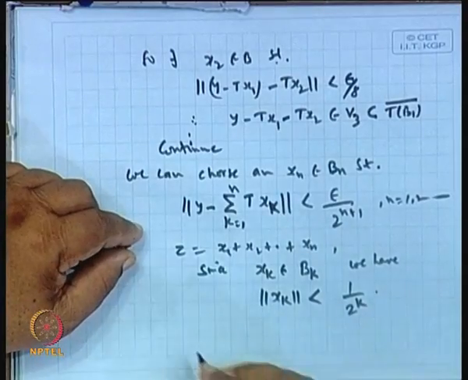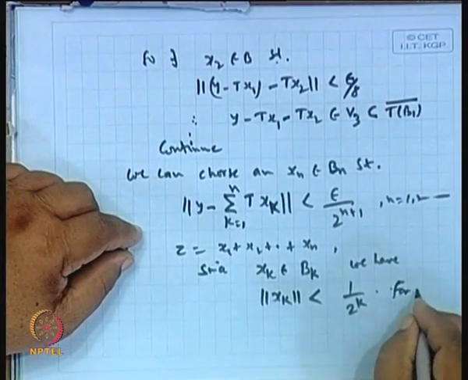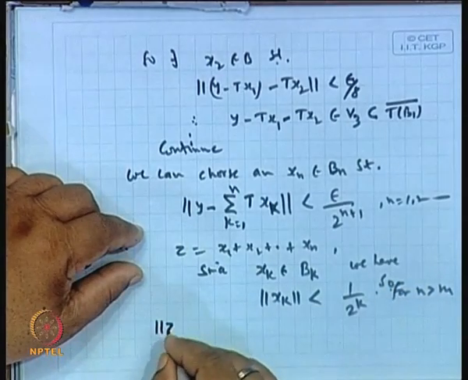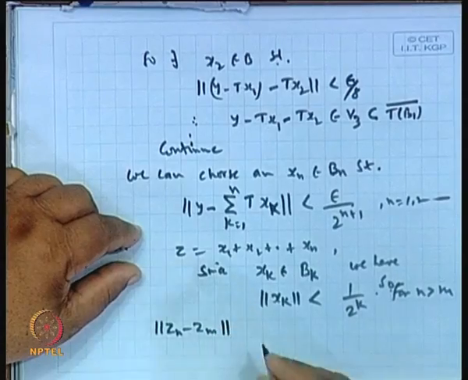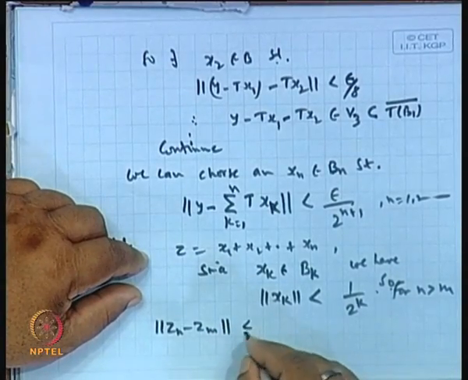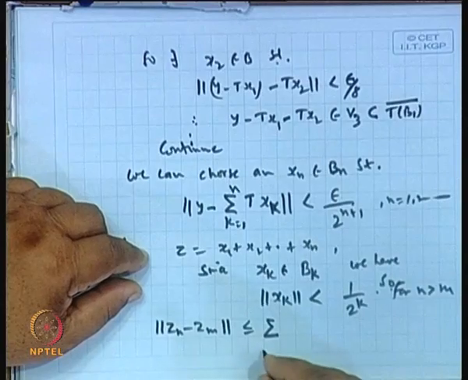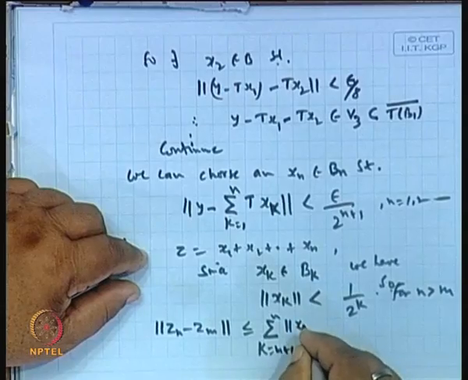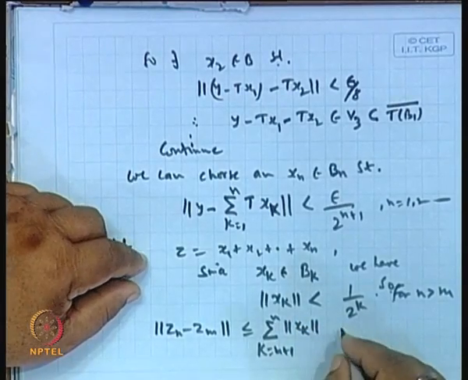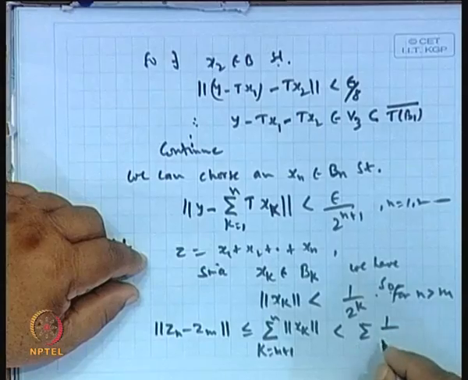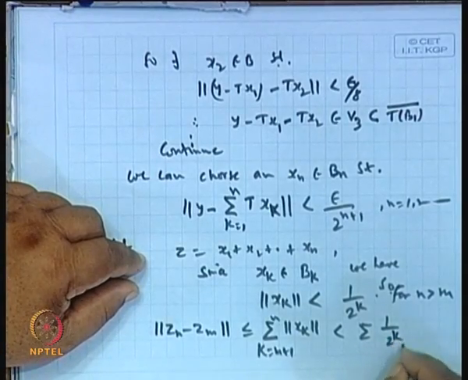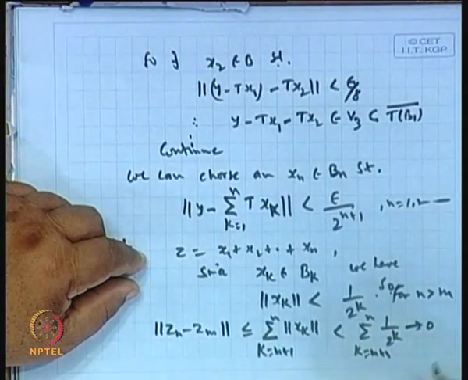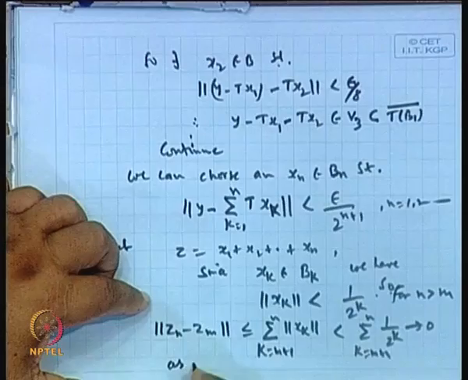Now, for n greater than m, we get the norm of z n minus z m is less than or equal to the sum over k equal to m plus 1 to n of the norm of x k, which is strictly less than the sum of 1 by 2 to the power k, k from m plus 1 to n, which tends to 0 as m tends to infinity.